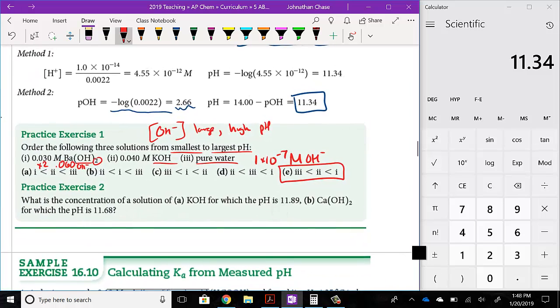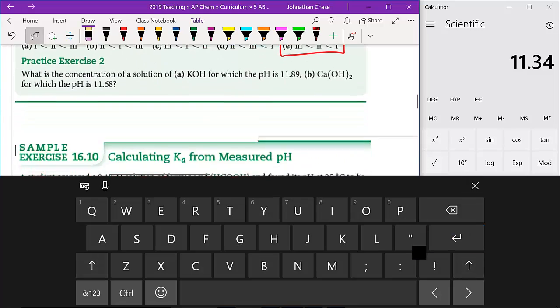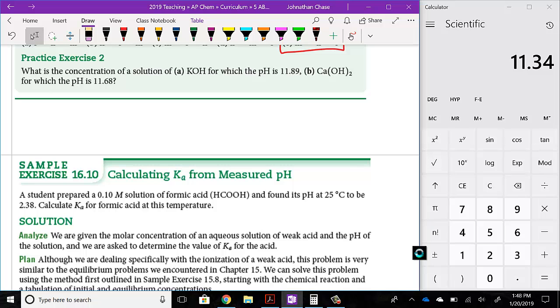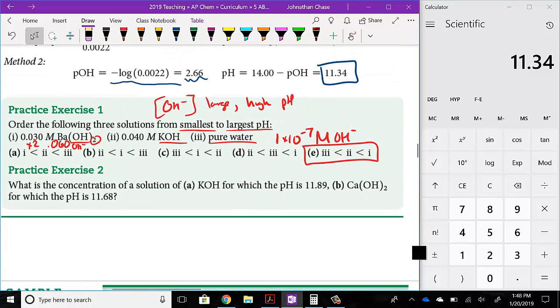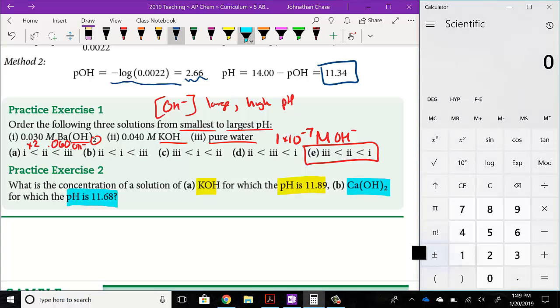Now, the next problem here. So here we have our question asking what is the concentration of these two solutions. The first is a potassium hydroxide with pH 11.89, and then calcium hydroxide with pH 11.68. I'm going to do the same method that we had before for our part A. Our plan of action is going to be to use the pH to go to a pOH.